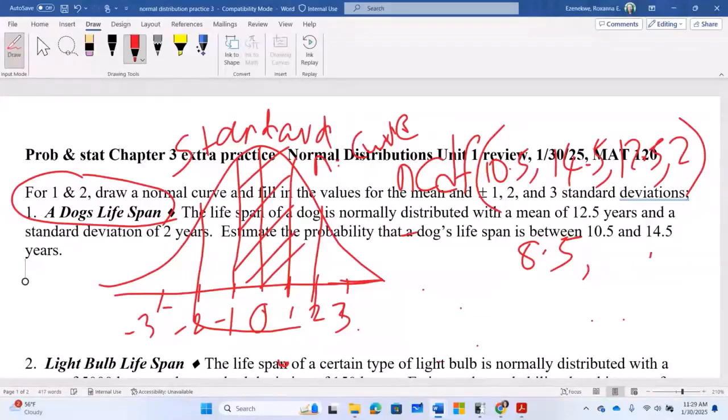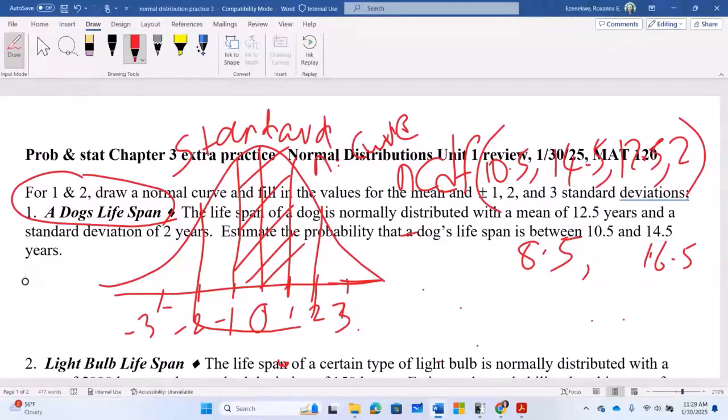On the right-hand side, it will be a dog that is 16.5 years. So we want to verify, is the area between 8.5 and 16.5 the same as 95%? Because remember, empirical rule says 68, 90, 95, and 99.7. So I'm verifying the second one, area between 2 standard deviations.